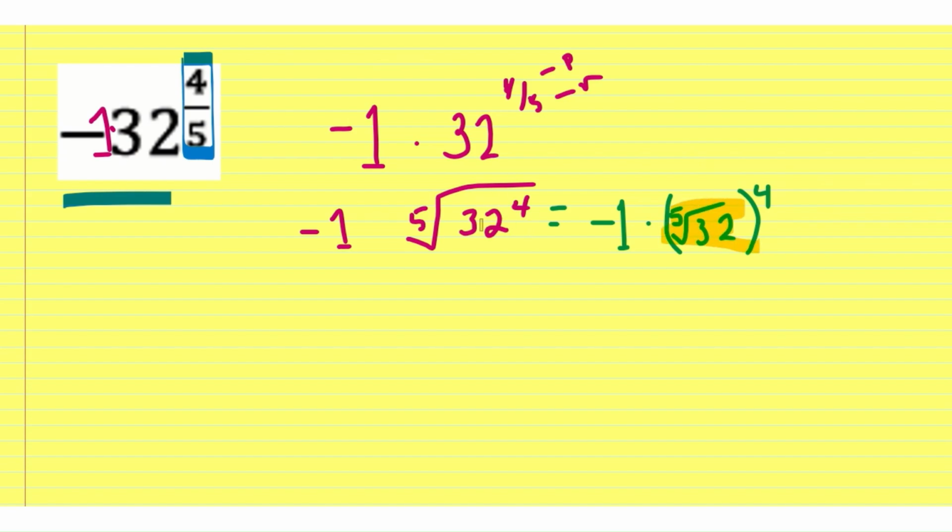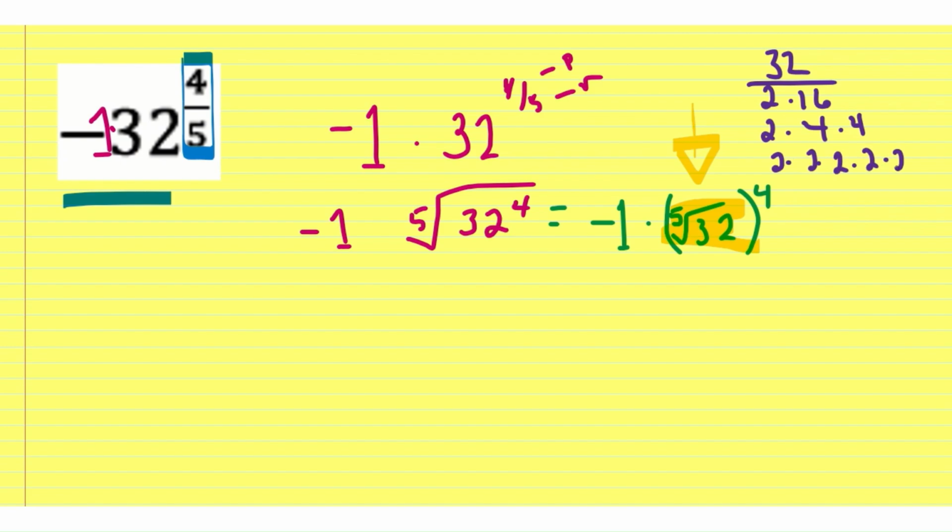Then if I multiply 32 times 32 times 32 times 32, that's going to be a really gigantic number. That's going to be more difficult to work with. But I can do this right here. So I'm going to look at 32, look at some factor pairs. So I got like 2 times 16 and 2 times 4 times 4, and then 2 times 2 times 2 times 2 times 2.